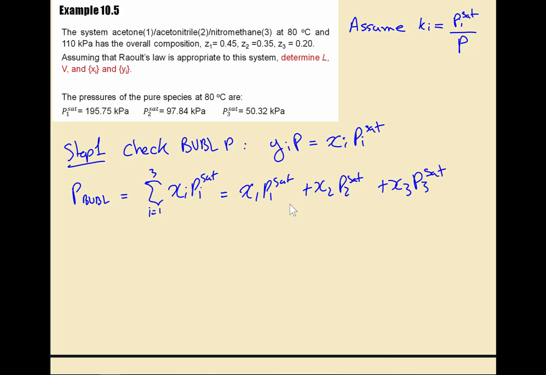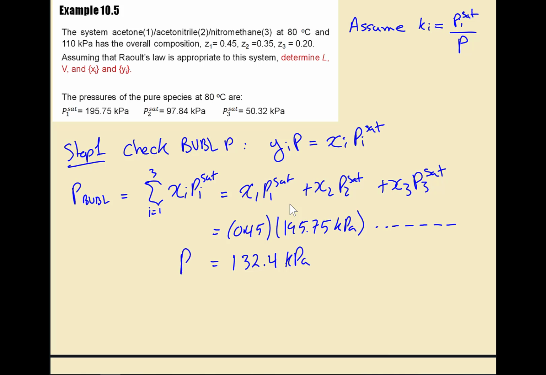You plug in the values, okay? 0.45 times 195.75 kilopascals, and so on. You just plug in the values, and then we're going to get a bubble pressure of 132.4 kilopascals.